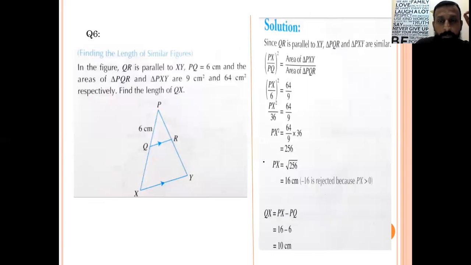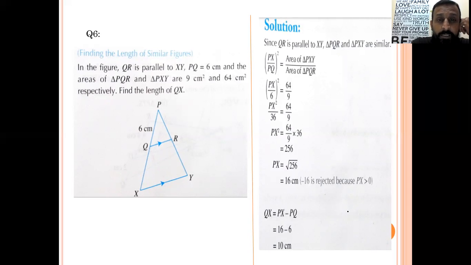So the next question, boys and girls, finding length of the similar figures. Now again, this is an example. Let's solve it for you. The next question we will solve on our own. In the figure, QR is parallel to XY, PQ is 6 centimeters, and the areas of triangle PQR and PXY are 9 centimeters square and 64 centimeters square respectively.